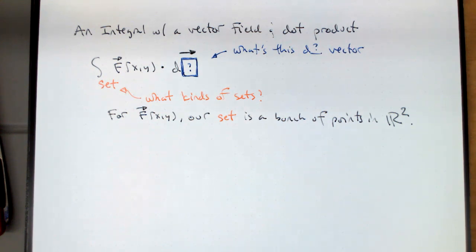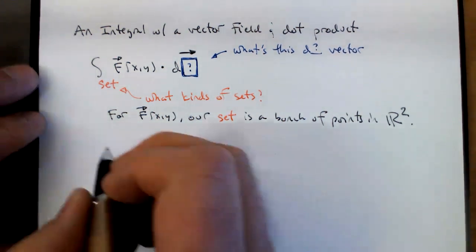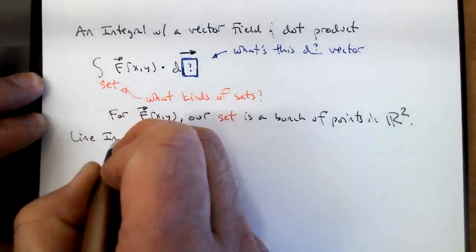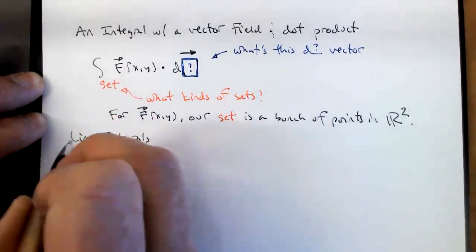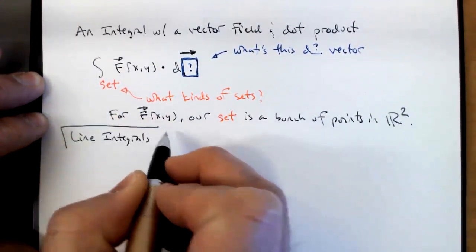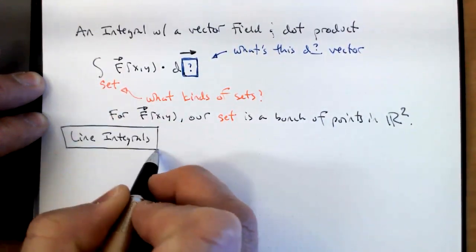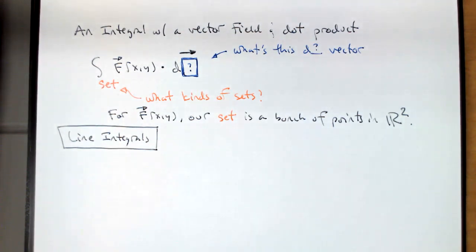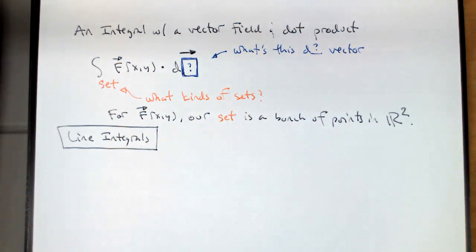Here's the first kind of set that we're going to deal with. Now we're thinking about the big picture of what integrals represent. We're going to talk about line integrals. A line integral is a bit of a deceptive name. It's really more of a curve integral.